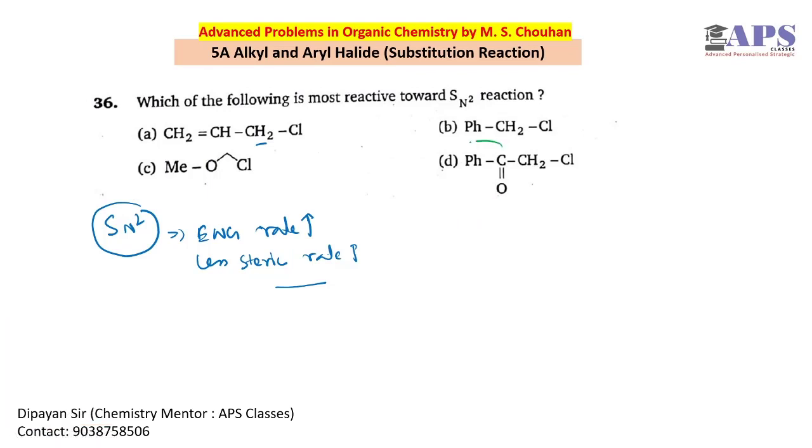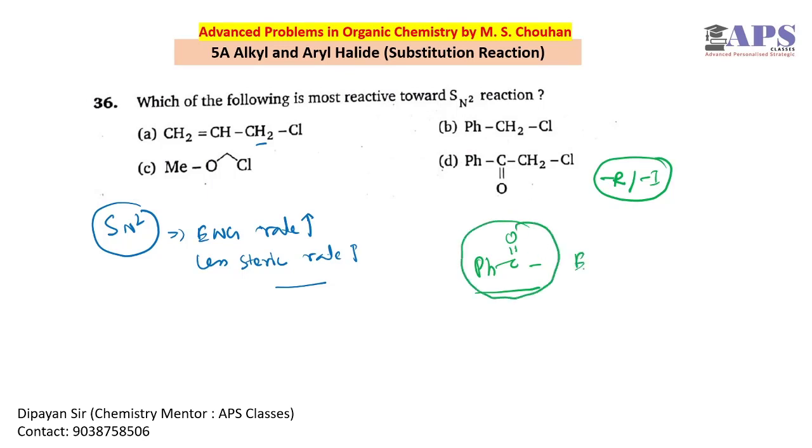Here we have PhC double bond O, which can show minus R as well as minus I. So PhC double bond O is the strongest electron withdrawing group among all these four, and this functional group will increase the rate of the reaction to the maximum extent. So option D is the correct one.